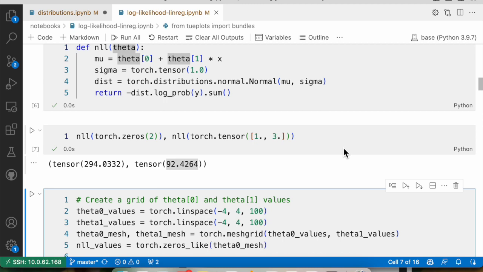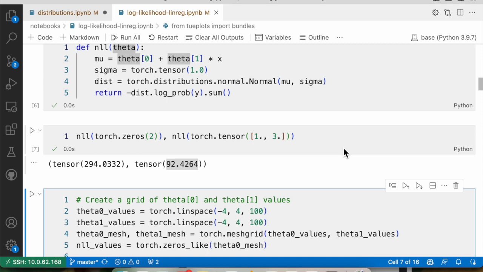So the mu is tied to theta. Therefore, if you build a computation graph and you do gradient descent, you would be able to optimize over the parameters theta automatically, right?